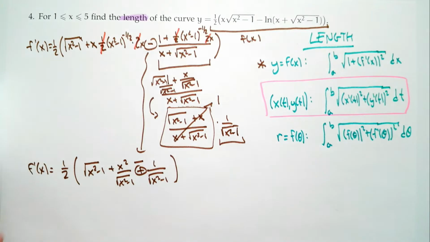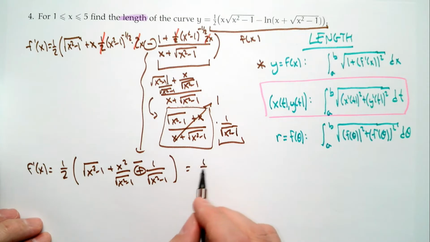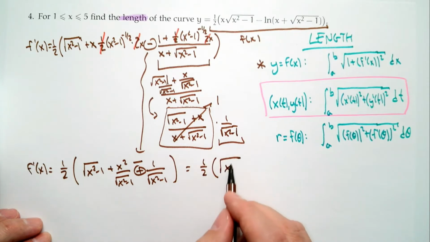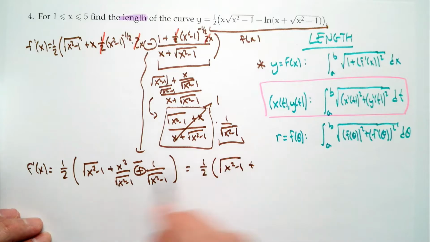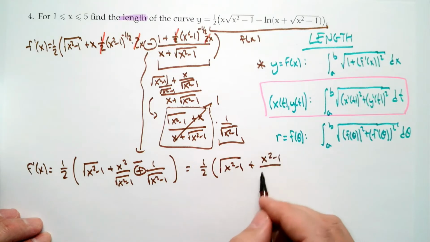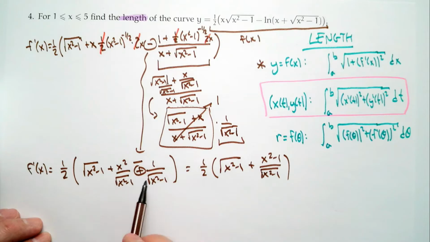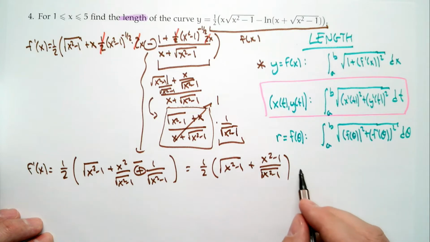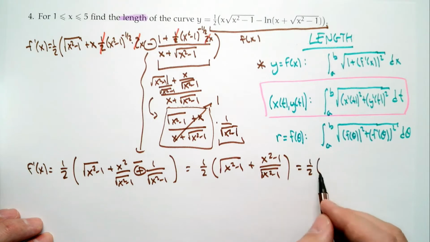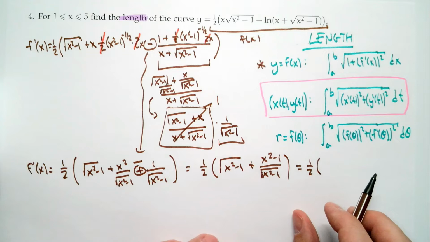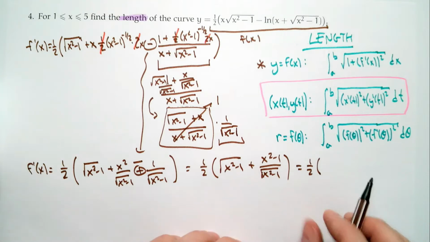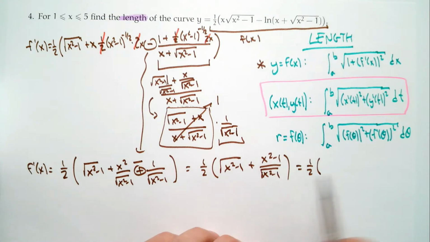Well, that's 1/2 of the square root of x squared minus 1 plus x squared minus 1 over the square root of x squared minus 1, because these have common denominator. But what does this second term become?